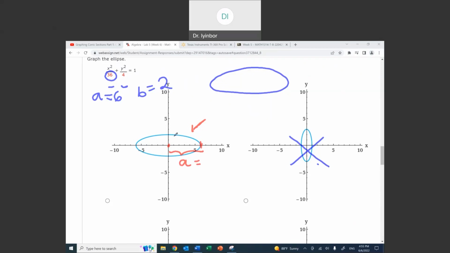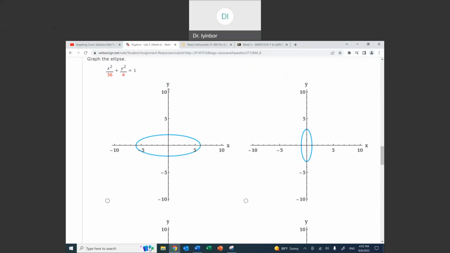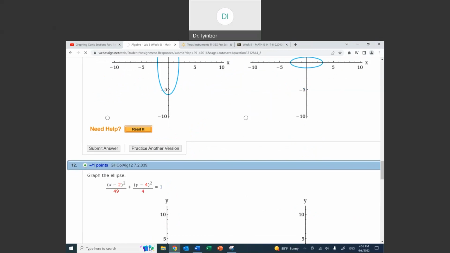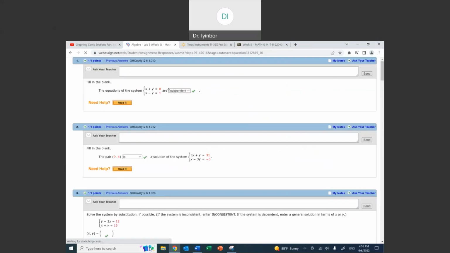And from here to here is half of the minor, which is 2, right? From this point to this point is exactly 2. And that's exactly what I have, A is 6, B is 2. So that's my right answer, and that's what I'm going to pick and submit so I can show you. Okay? And that was number 11.